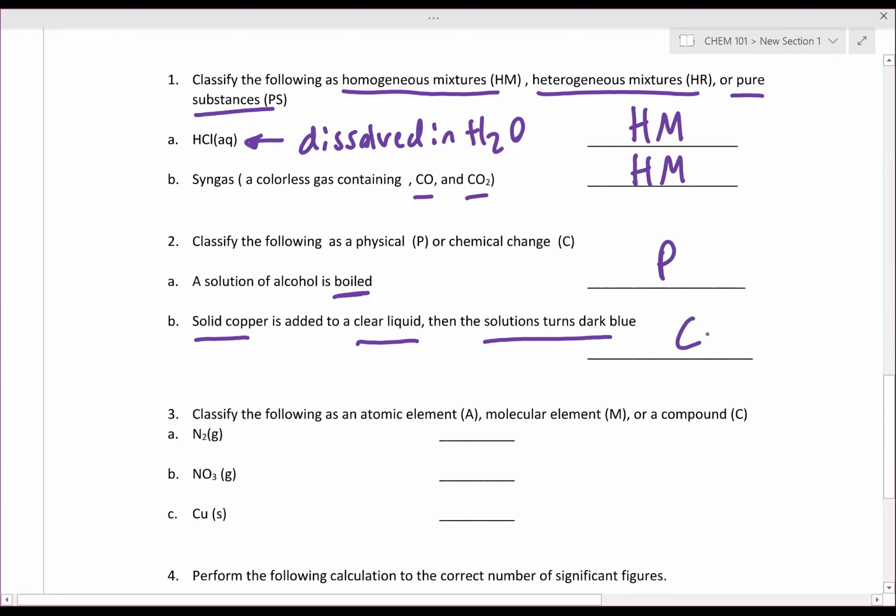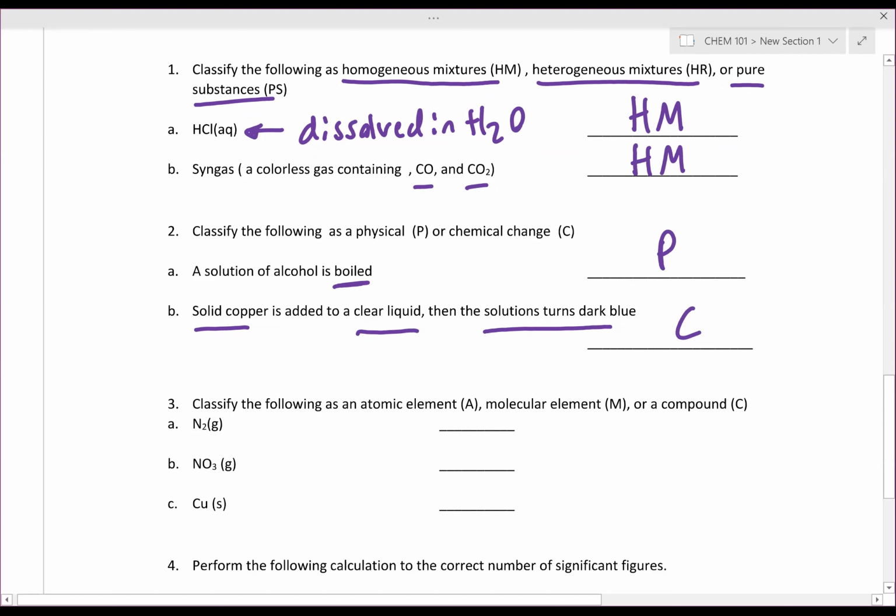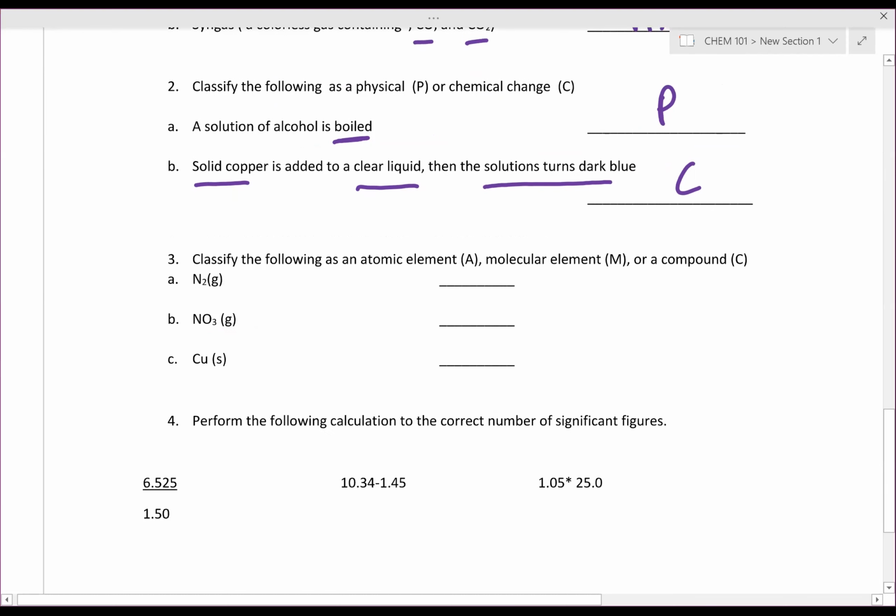Continuing on, we're now asked to classify the following pure substances as either an atomic element, a molecular element, or a compound. Starting off with nitrogen, N2 gas. First and foremost, do we see two or more different element symbols? No, we just see one, right?